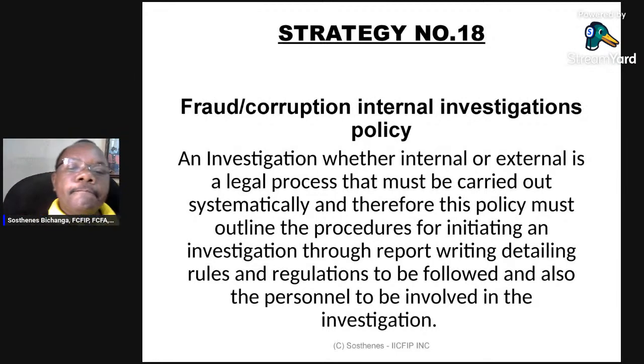This will then mean that the allegations were false or were not accurate. That is the end of my discussion on strategy number 18.